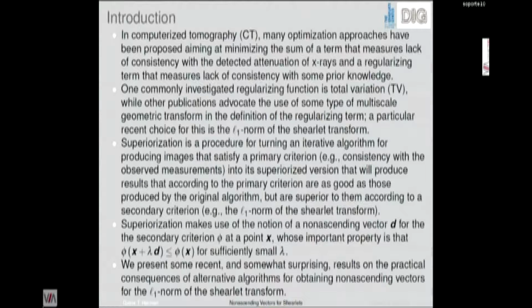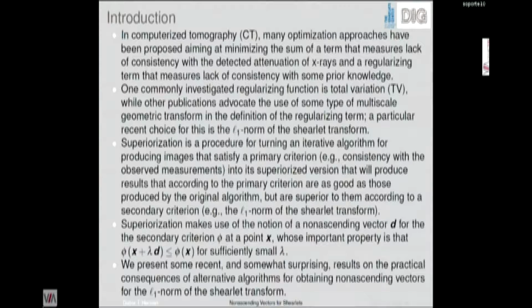Now, one commonly investigated regularizing function is total variation. And another more recently introduced thing is to use a multi-scale geometric transform in the definition of the regularizing term. And the particular recent choice is the L1 norm of the Shearlet transform. Now, I will not actually define what the Shearlet transform is, but it's one of the huge family of transforms which is extremely popular in the last decade or so.